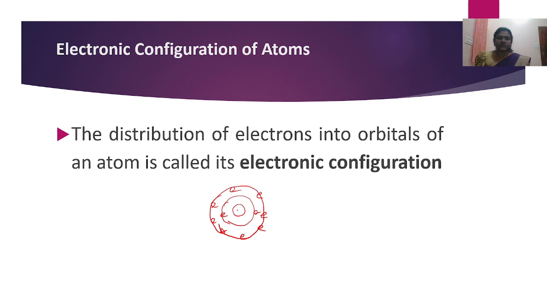In the nucleus, there are neutrons and protons. This is the miniature of our solar system.